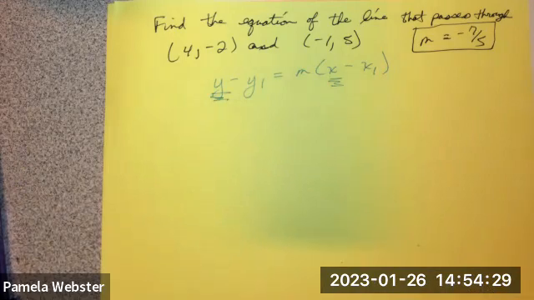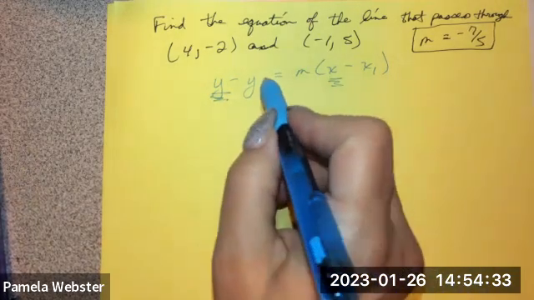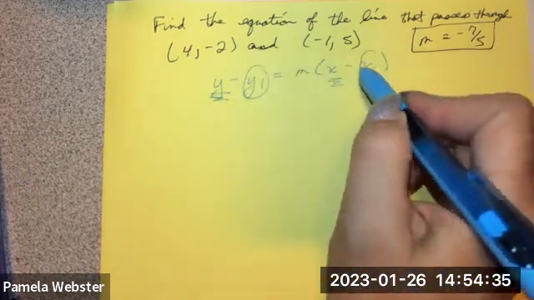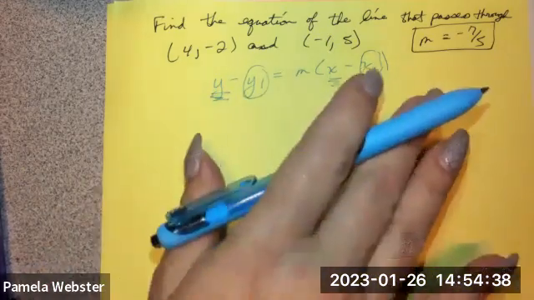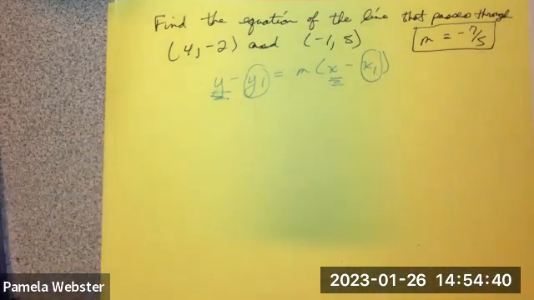We want them to stay x's and y's. We don't want to put in a point or numbers. All we need is 1 point; we don't need both points once we're trying to find the equation of the line. You could keep the 2's, but just realize I'm only substituting in one of the points.